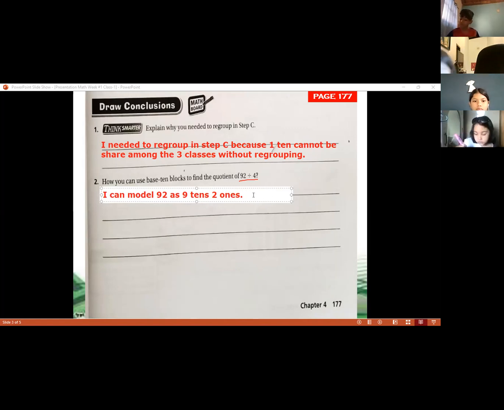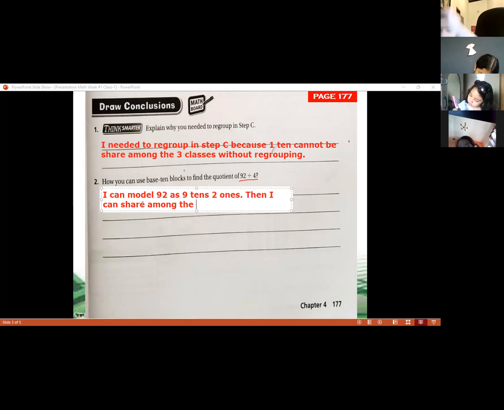Then what is going to happen? Okay, I can share the 9 tenths among how many groups? Among the 4 groups, remember? 92 divided by 4, so it means that we're going to have 4 groups. So I can share the 9 tenths among the 4 groups.